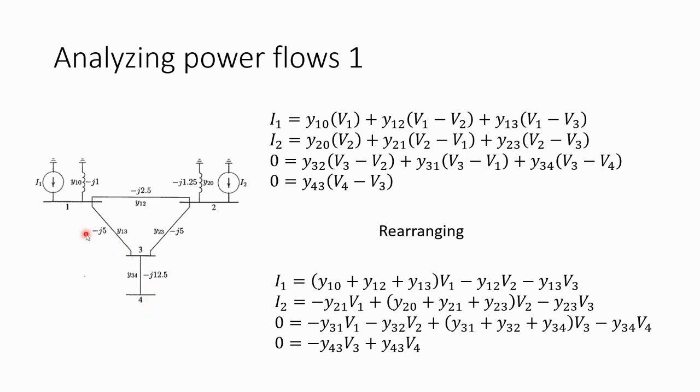By now you should notice that there is a contradiction in certain branches. For example, if you look at this branch and this bus, we say that the current is flowing from bus 1 to bus 2. But when we look at bus 2 and this branch, we say that the current is flowing from bus 2 to bus 1. So there is a contradiction in the definition of the current flow in certain branches.